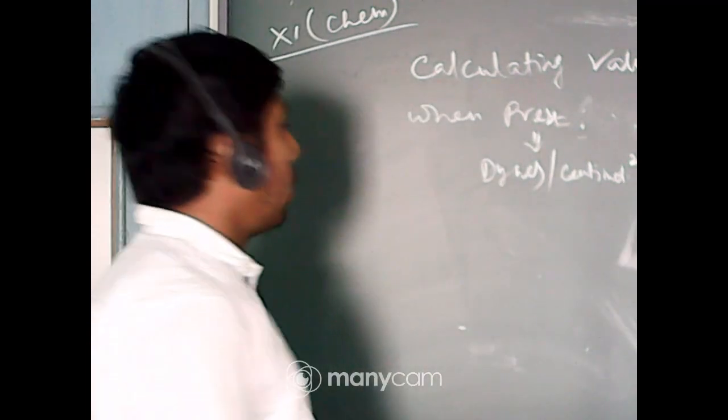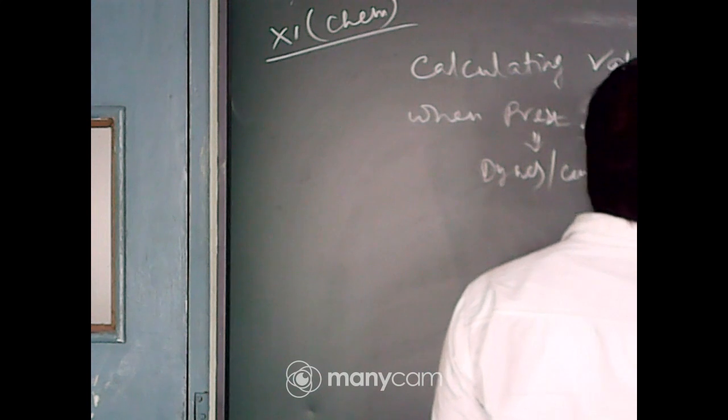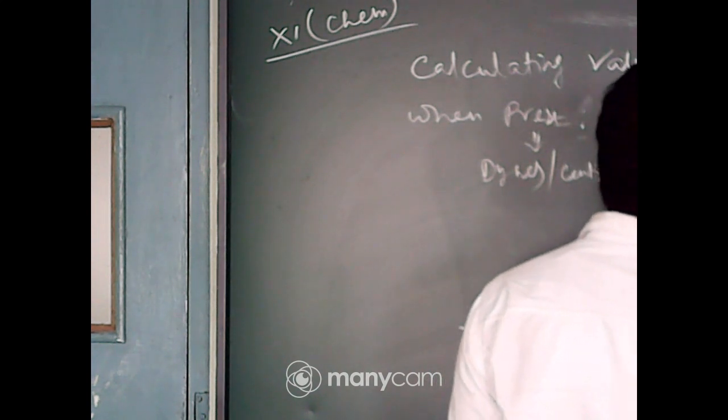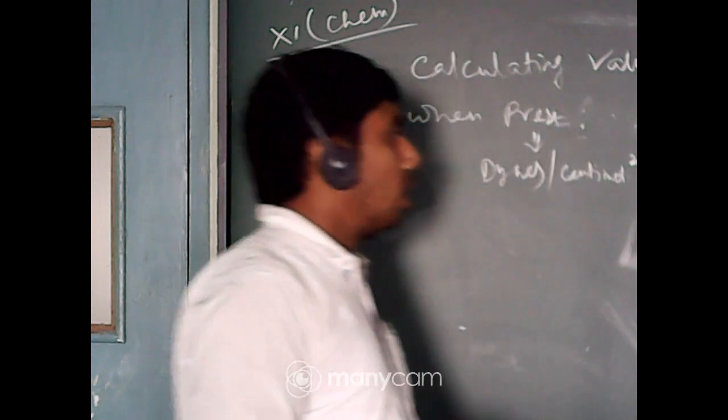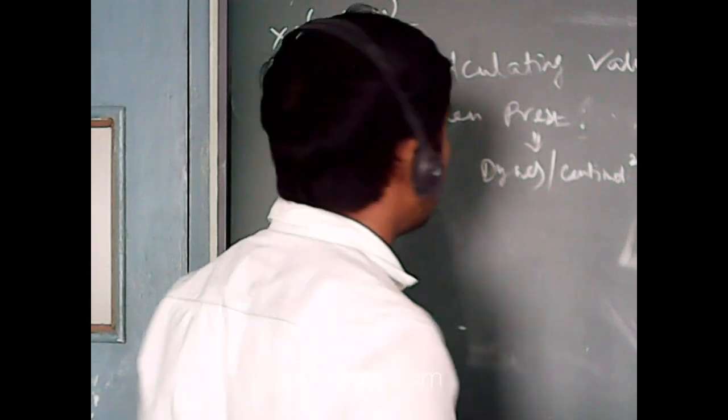So, one conversion factor is that 10 to the power 7 erg equal to 1 joule. Using this conversion factor we will convert it to SI unit.